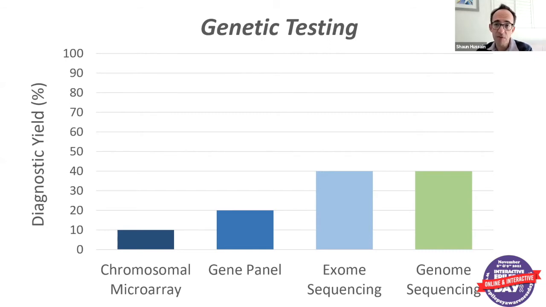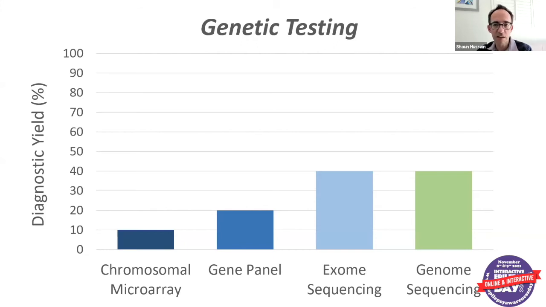The next step up is a big step up. Whereas the gene panel is looking at about, again, 50 to 300 genes, exome sequencing sequences all genes in the patient and both parents, and that amounts to about 22,000 genes in each person. And the idea here is to look for gene changes or sequence changes in our DNA that are present in the patient, but not present in the parents.